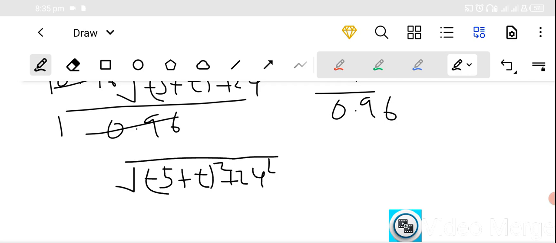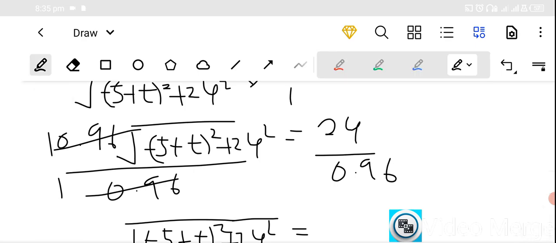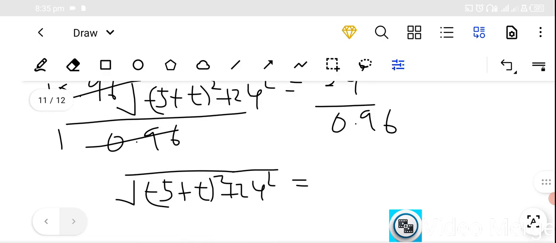Square root of this is going to be equal to, what is 24 divided by 0.96? 24 divided by 0.96 will be 25. So we're going to have it is equal to 25.